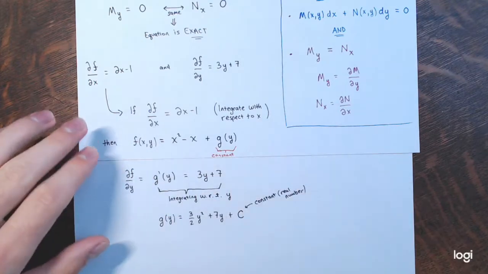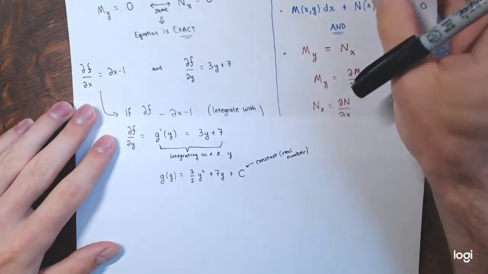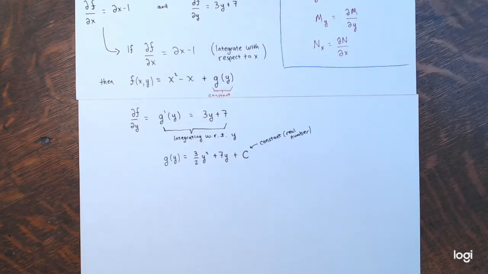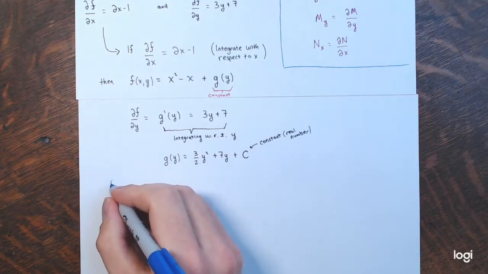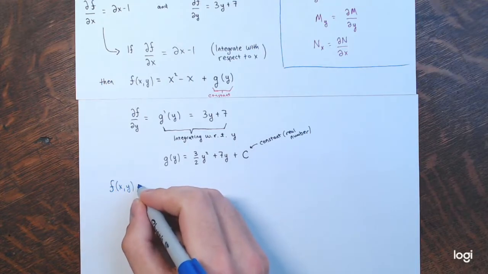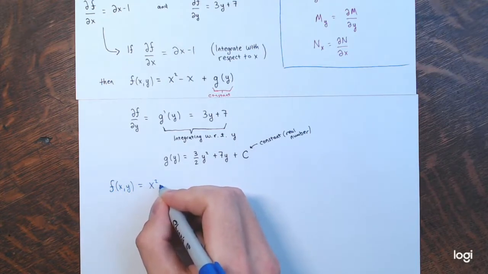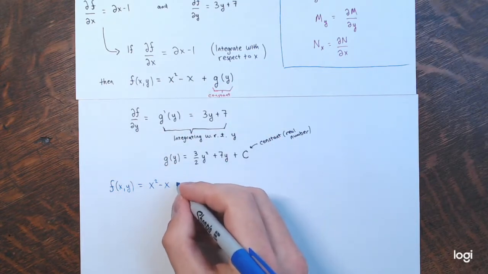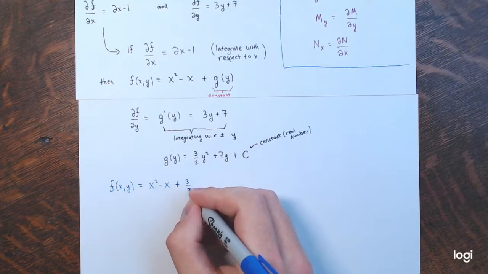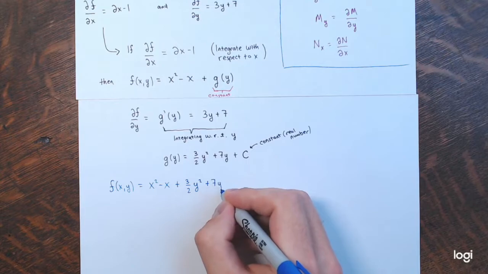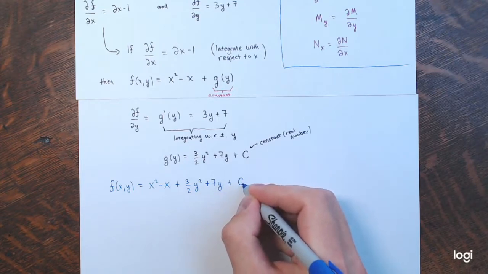Okay, so now that we're done here, well, we're not done. We still have to solve the equation, but we have now that f of xy looks like this: x squared minus x, plus g of y, which we said looks like this, plus 3 halves y squared plus 7y, plus some constant.